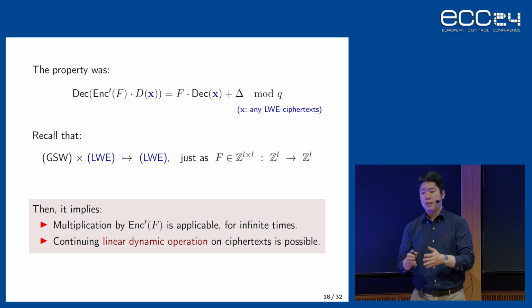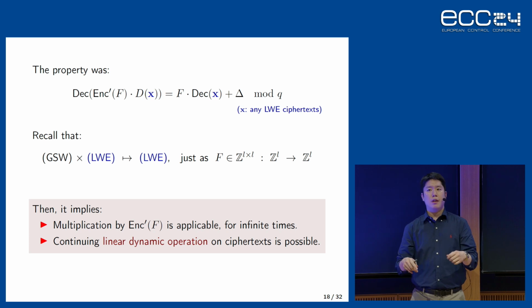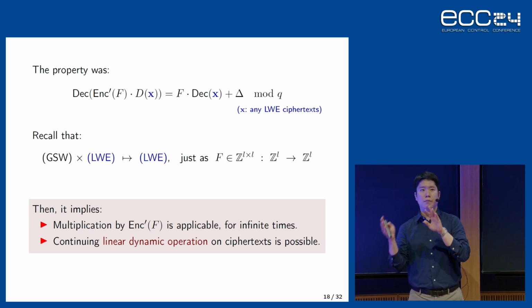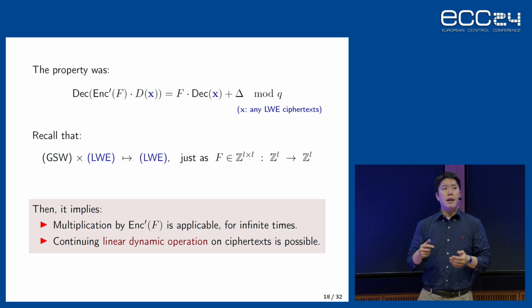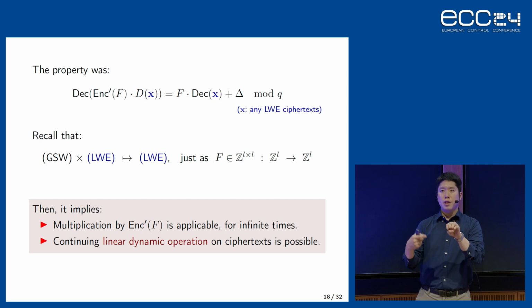The message was this. There are several types of encryption. At this time, I am introducing the GSW encryption scheme. Its benefit is that it allows for multiplication of integers an unlimited number of times.